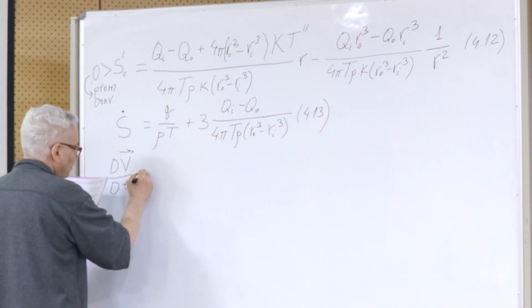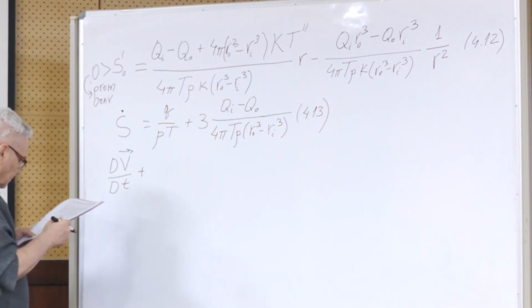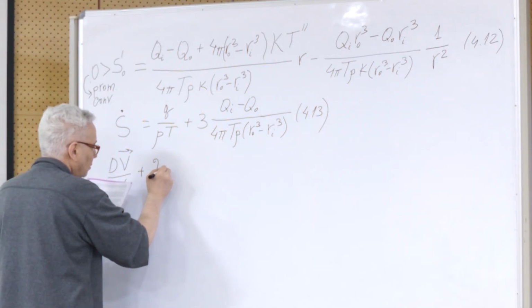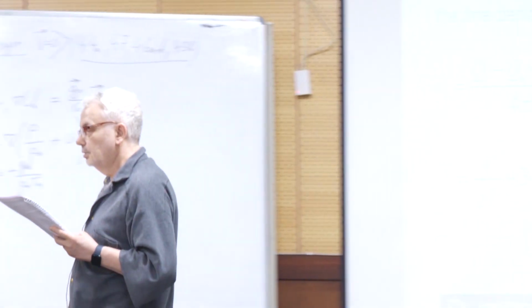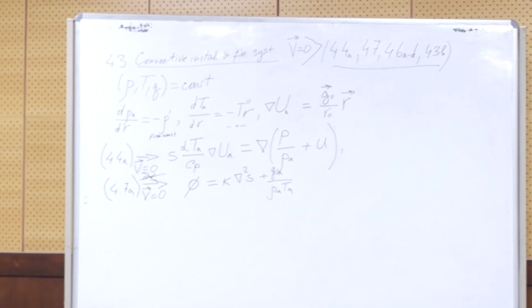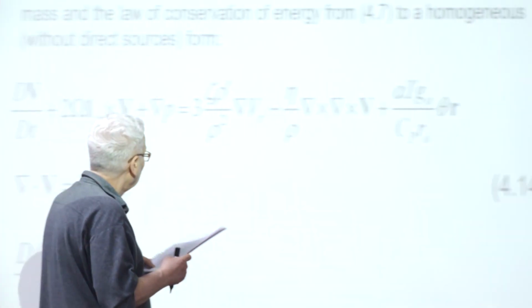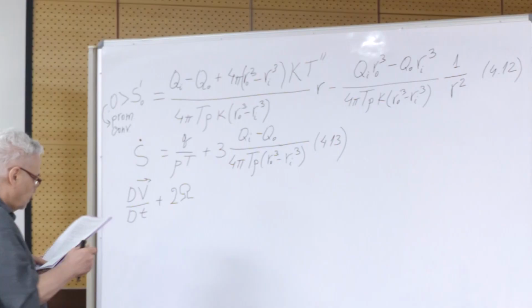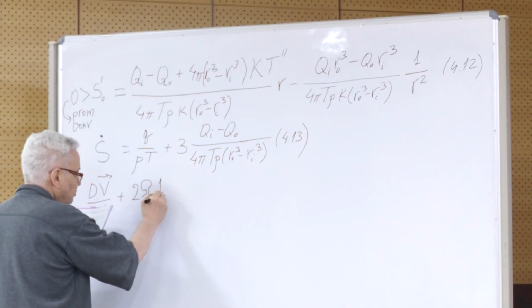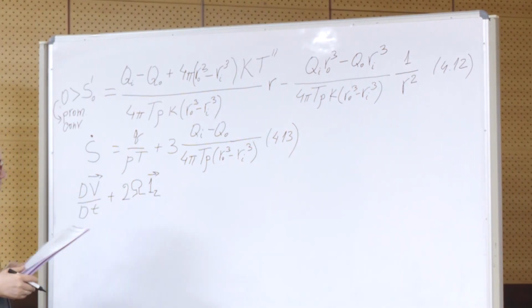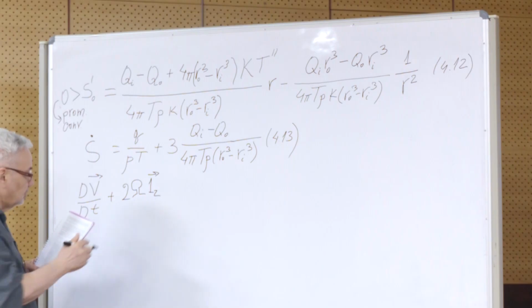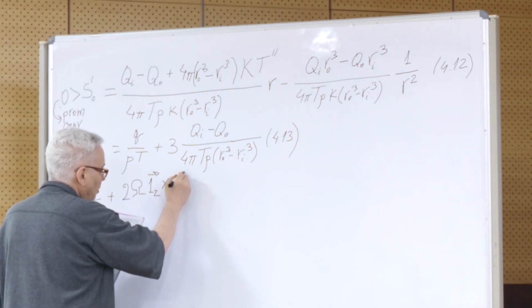Let's just put in one place everything that depends on V. Then we write down the Coriolis term. This is based on the unit vector in the direction of the axis of rotation, and here there is a vector product with V.